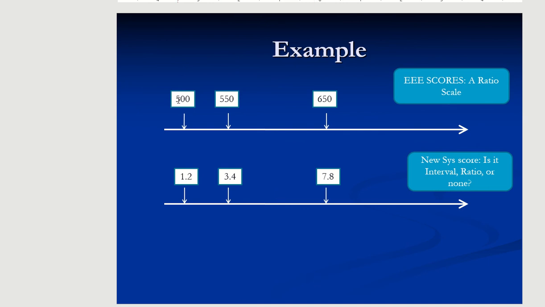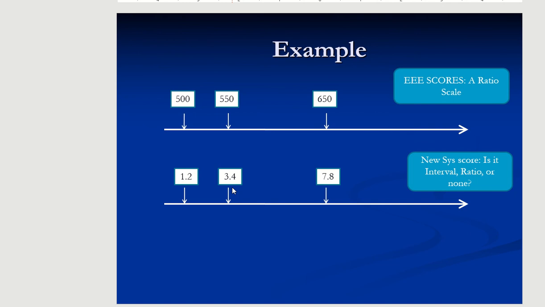Well, you ask yourself, what's the difference between 500 to 550? The answer is 50. Now, 550 to 650, the answer is 100. So you say, okay, here I have 50 steps, and here I have 100 steps, meaning the distance from here to here, when I'm talking about distance, not ratios, is double the distance from here to here. Is that true on the second scale?